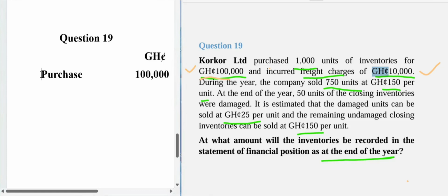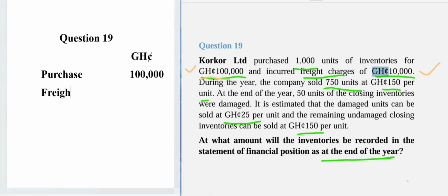As we have here, then we have to include the freight, because that's like a transport cost. The standard said we should add freight as part of the cost of the inventory. So we add the 10,000, right?